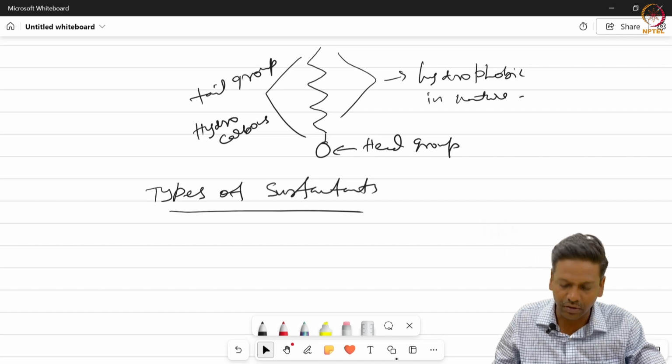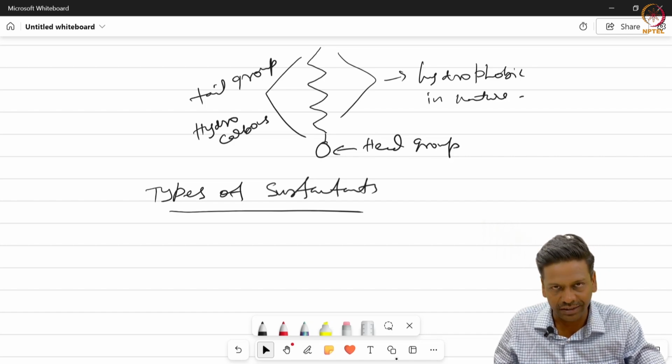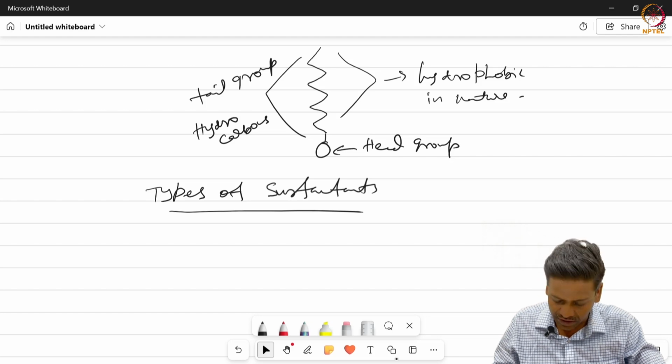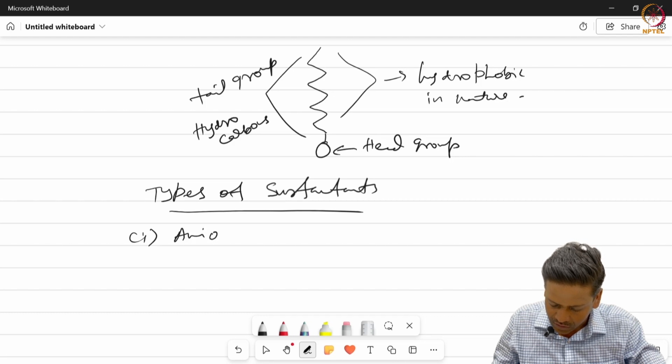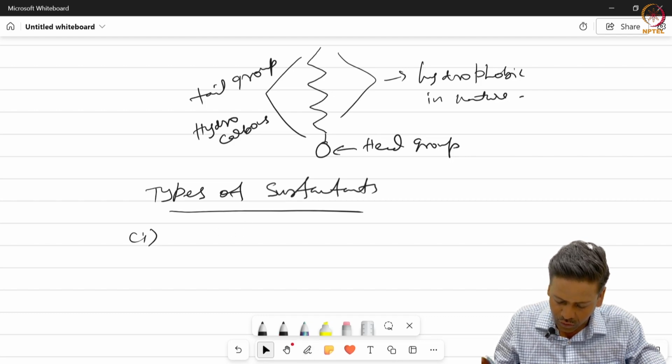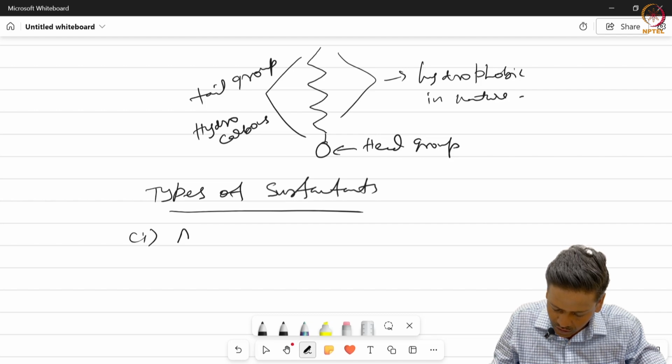When we talk about different types of surfactants, let's have a broad classification. The first one to be included in the list is anionic surfactant.